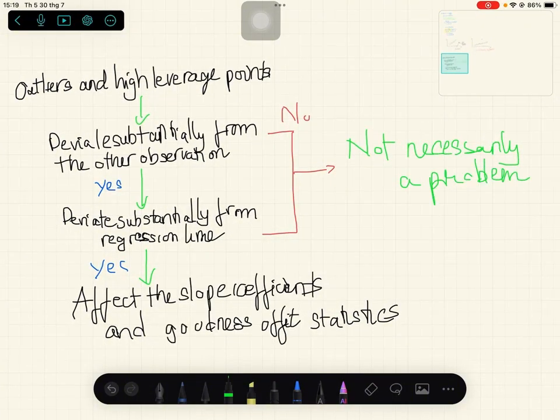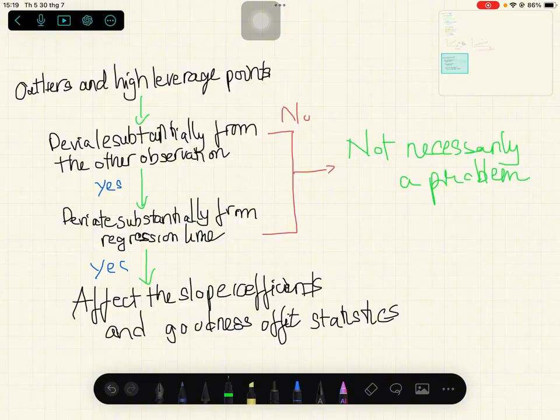Now let's combine the two ideas. Suppose an observation has an unusual X value that's already giving it leverage. Now suppose it also has a very large prediction error. In other words, it sits far away from the regression line. Now that single observation is pulling the regression line horizontally and disagreeing with the existing relationship vertically.